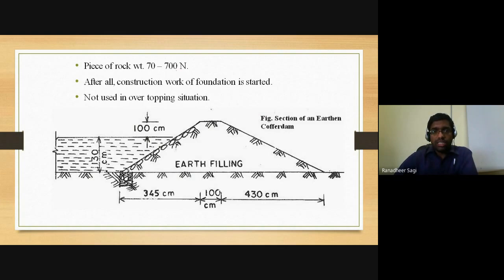So typically in the construction of that riprap, these large aggregate particles that you see on the slope, these stone particles, are relatively large boulder particles. What you are going to be using would weigh somewhere between 70 to 700 newtons, so that the weights should not be very less and should not be very high also.